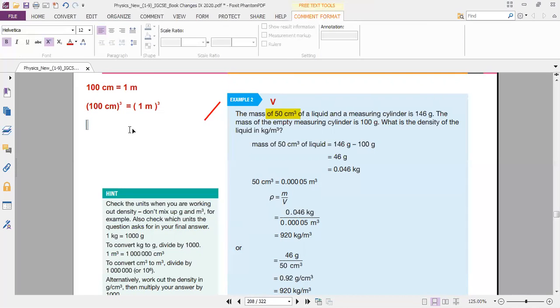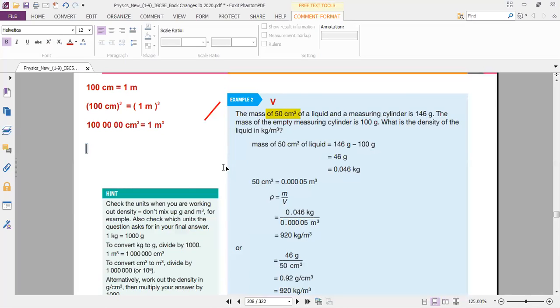What would happen? 100 cm cube equals 1 meter cube, right?